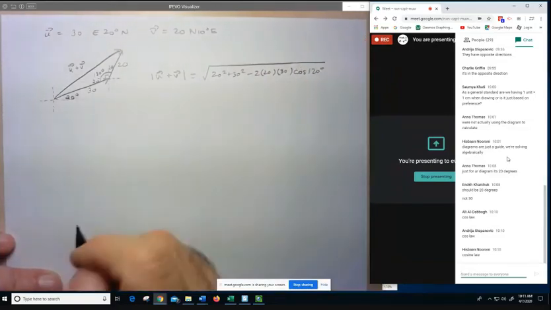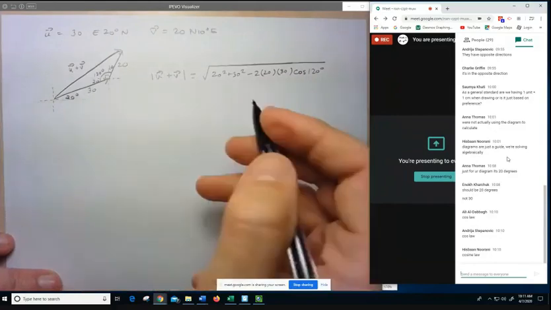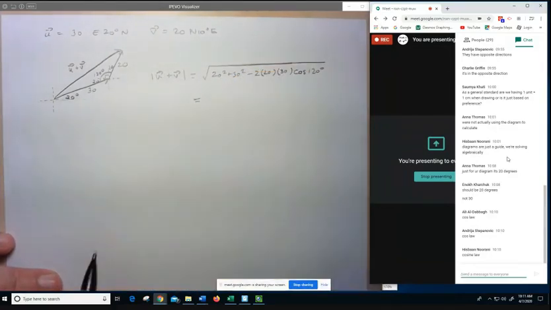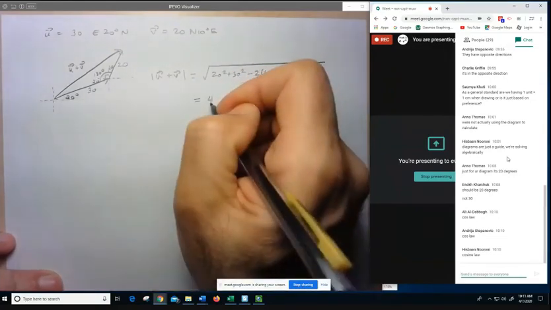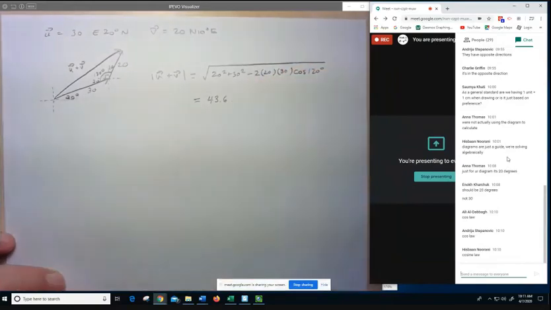If you calculate that, I have it calculated here on the side, it looks like 43.6 units. So now I have the magnitude of this vector.